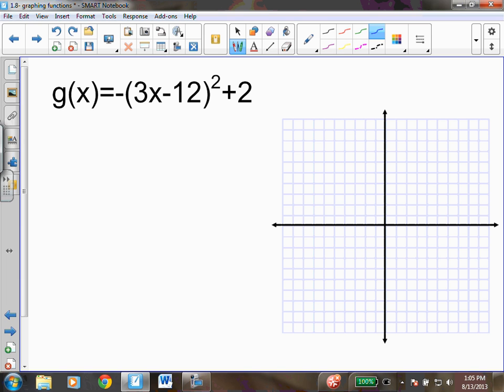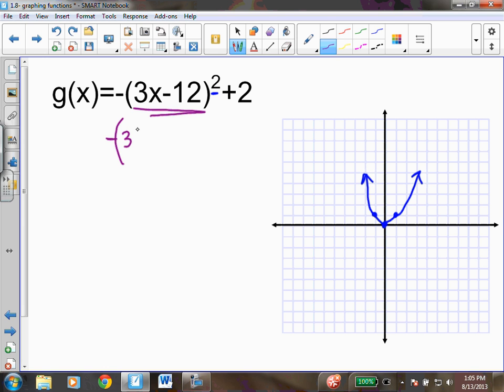It is very, very important that first we pay attention to our parent function. Since this is a squared, I know that I have a parabola. In order to figure out my stretches, this inside portion of my function always has to be factored. So I have to do a little bit of extra thinking that I didn't have to do on the previous problem.